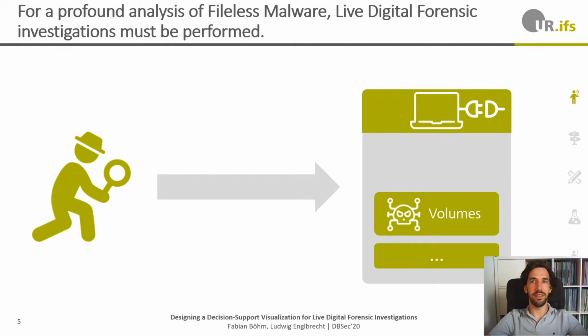So what a forensic investigator traditionally does now is he turns off the device, he shuts it down and follows some steps for a forensic analysis to understand what happened on the device and collect evidence of the malware being there on the volumes of this device.